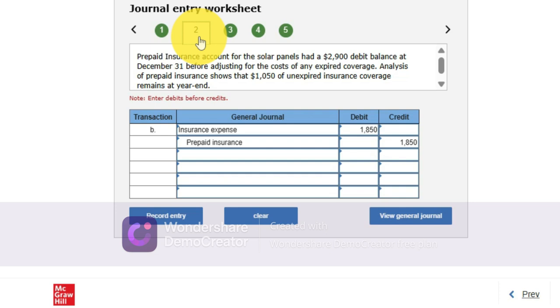To enter this into our general journal, we are going to find insurance expense and prepaid insurance. The insurance expense is going to be on debit, $1,850, and the prepaid insurance is going to be on credit at the same amount.